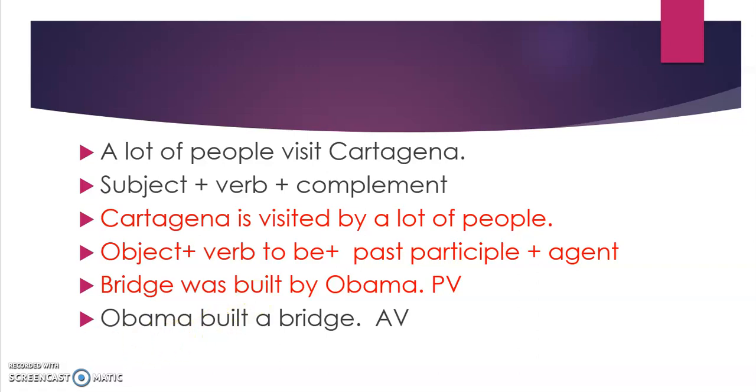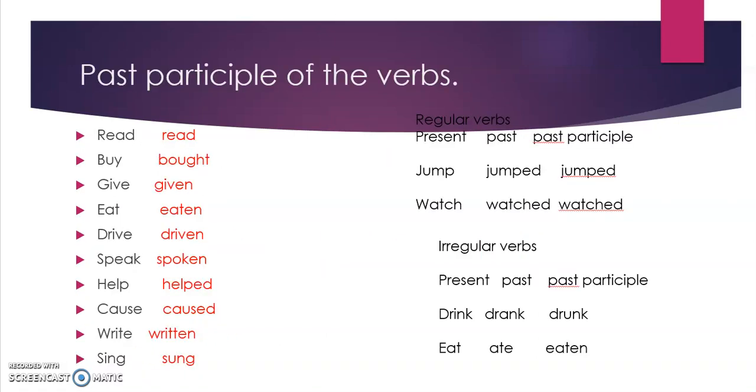Okay? The next. Okay. To know the participle of the verbs, it's necessary to identify. Yes. So what happened? Remember, we have two groups, two kinds of verbs, the irregular verbs and the regular verbs.